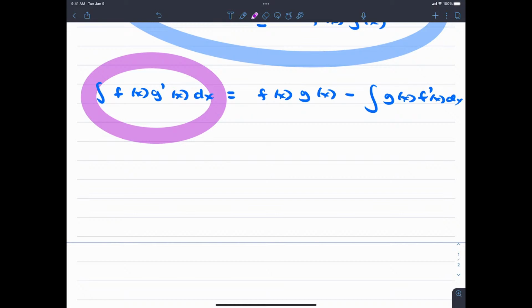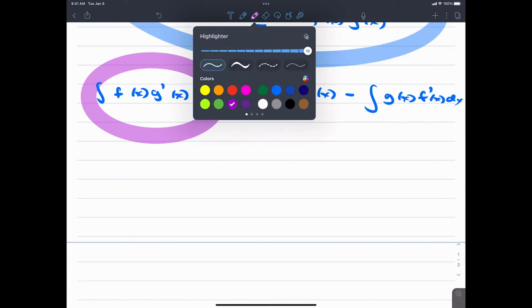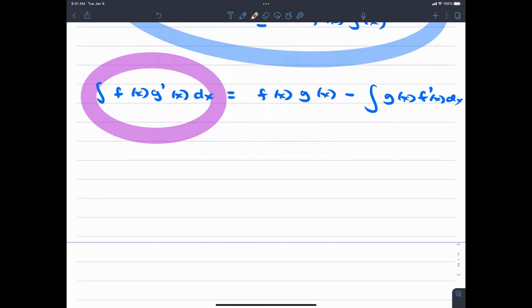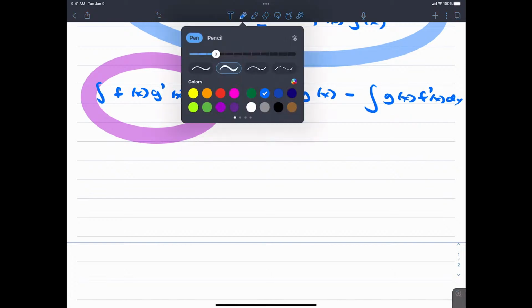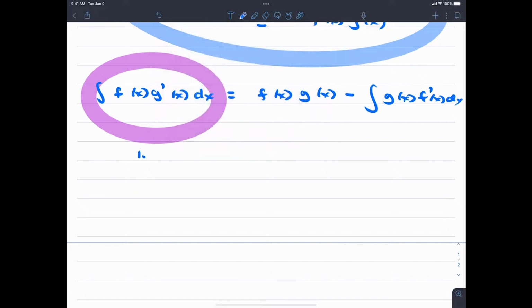Now, this is a great process and a great procedure. You say, why is that so great? Well, I'm going to pick some colors. I'm not so sure. This is going to kind of mess me up. Here's what I'm going to say. We're going to let u be my f of x.